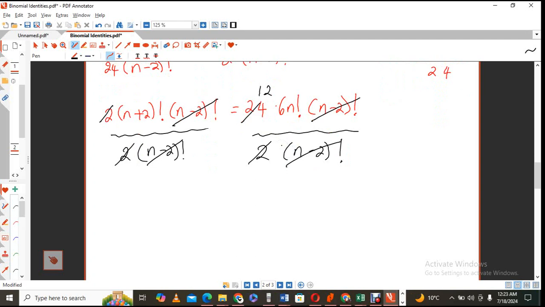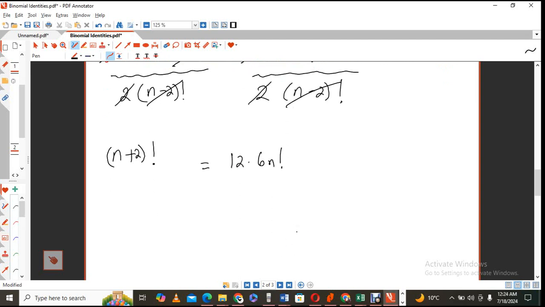So let's see. We are now at (n + 2)! equals, for the left hand side, 12 times (6n)!. That's what we have so far. Now let us look at (n + 2)!. Of course, (n + 2)! is nothing but (n + 2), then (n + 2 - 1), then (n + 2 - 2), factorial.